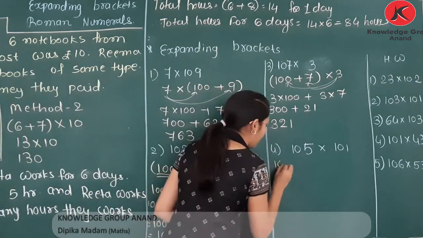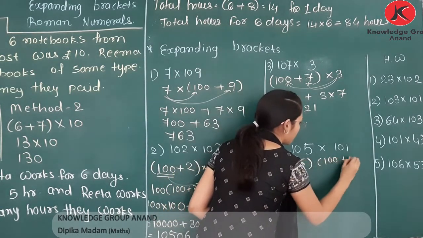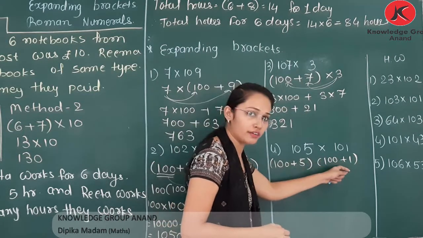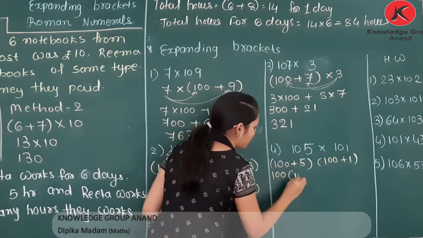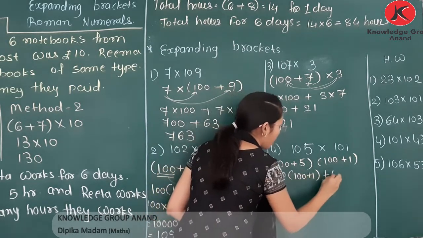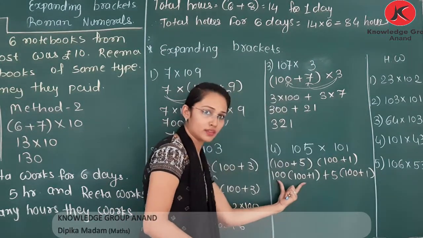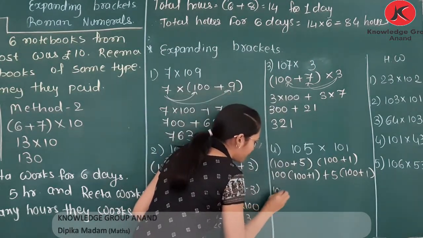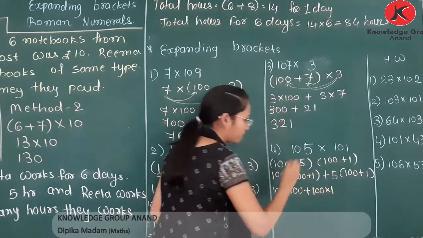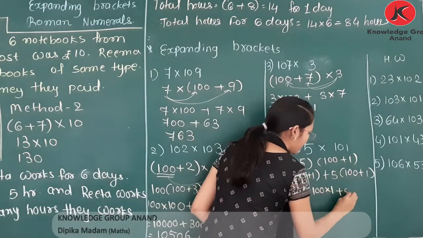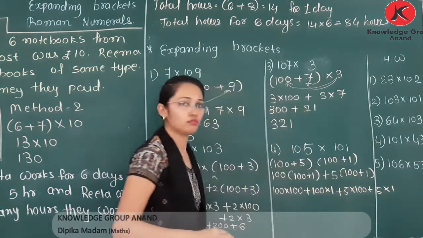So again we can write 105 as 100 plus 5, and 101 as 100 plus 1. 100 is multiplied with 100 plus 1 and 5 is multiplied with 100 plus 1. So 100 into 100 plus 1, plus 5 into 100 plus 1. Now first we open this bracket. 100 is multiplied with 100, 100 is multiplied with 1, plus 5 is multiplied with 100, plus 5 is multiplied with 1.